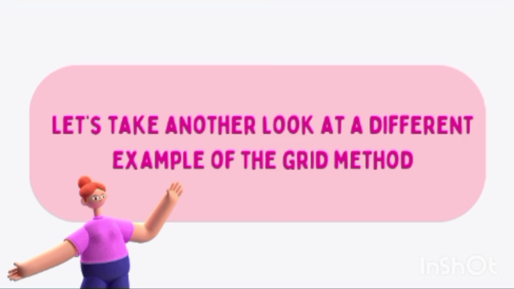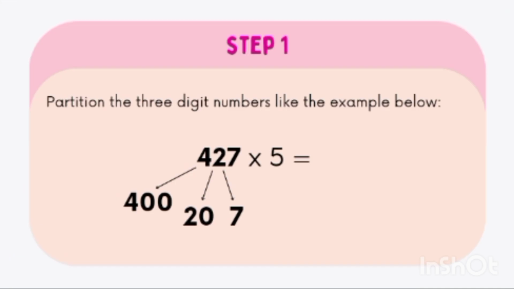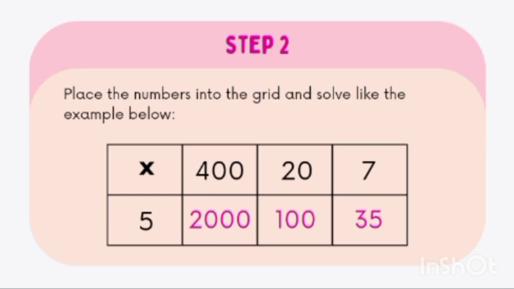Let's take another example with a 3-digit number. We have 427 multiplied by 5. First, we partition 427 into 400, 20 and 7, as you can see here. Then we place the numbers into a grid and multiply like this.